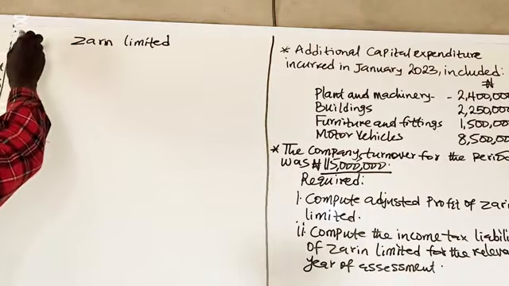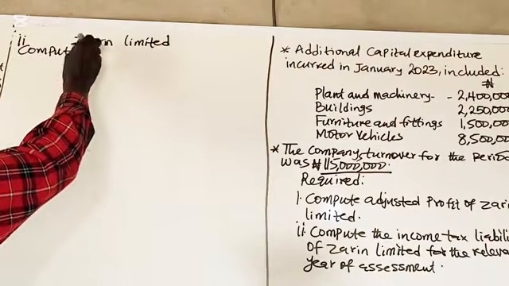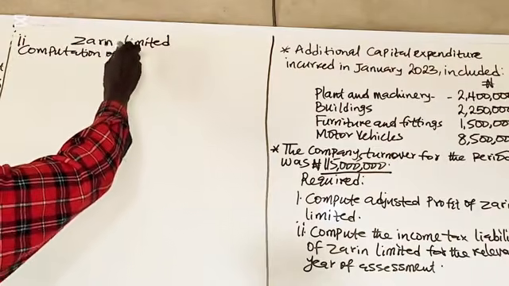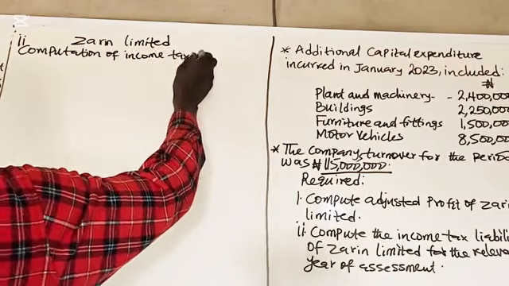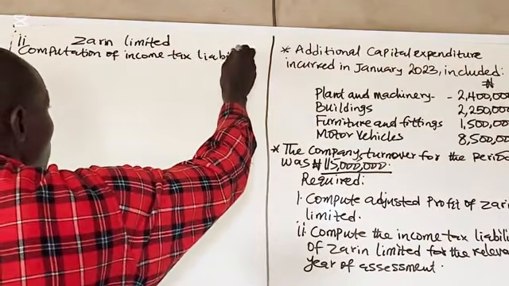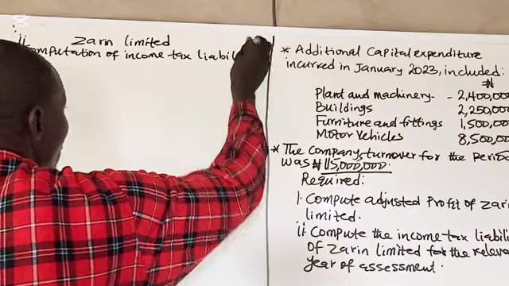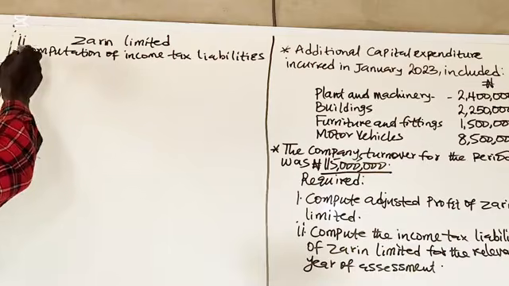So we have computation of income tax liabilities. The question put for relevant year of assessment. So you have to state the year of assessment.